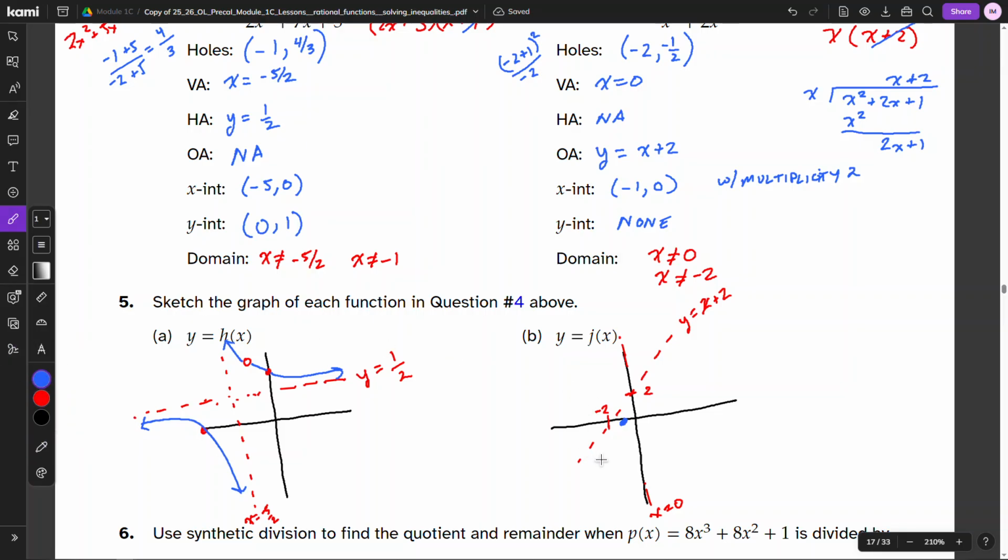So I have to bounce off of the axis and follow my asymptote. My graph looks a little something like that. And then over here, we'd need a calculator to figure out exactly where this minimum is. But this maximum is clearly at x is negative 1 with the maximum value of 0. So there we have our graphs.